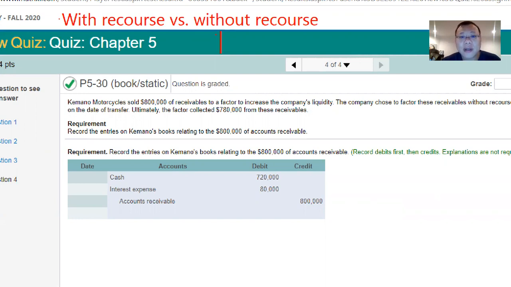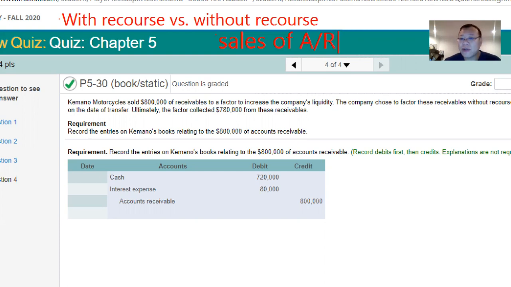So in that case, on the date of the transfer, it is considered a sale of AR. That's very important. With recourse, it's just a short-term liability. Without recourse, it's the sale of AR.